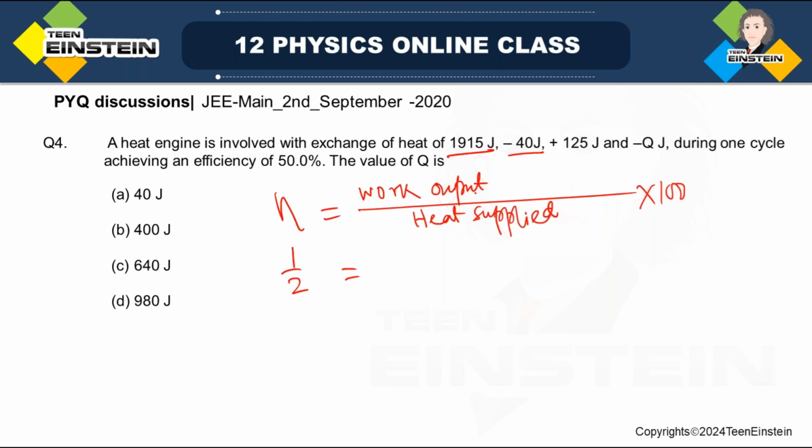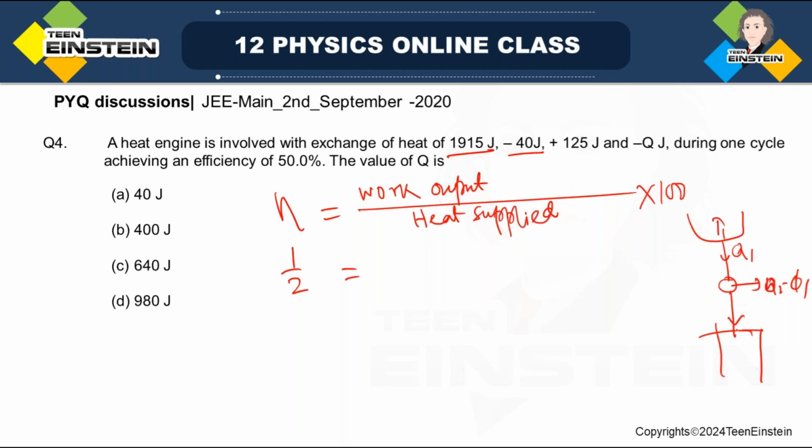And to find out the work output, we know that if you have a heat reservoir at T1 temperature, it takes some heat Q1, then does certain work, that is Q2 minus Q1, and then the rest goes to the sink.